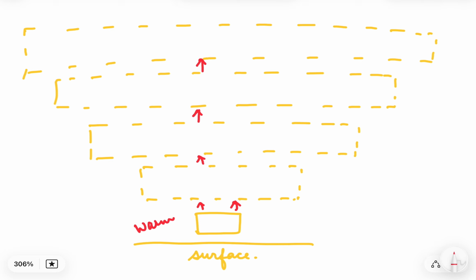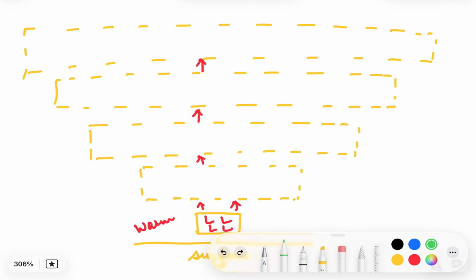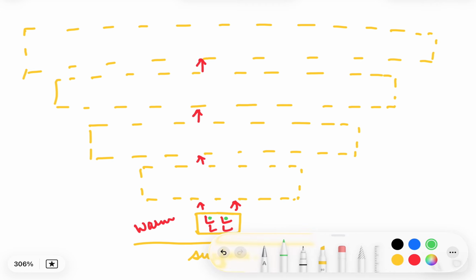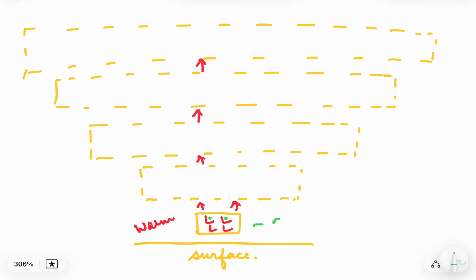Initially it has the capacity to hold water vapor of 4 and there are 2 water vapors present, that is, the relative humidity is 50%.